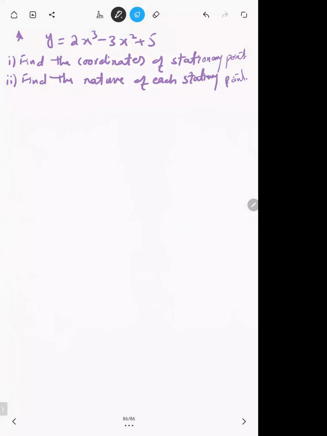Start the first part. You can find the coordinates of the stationary point. To find the coordinates of the stationary point, you need dy by dx.